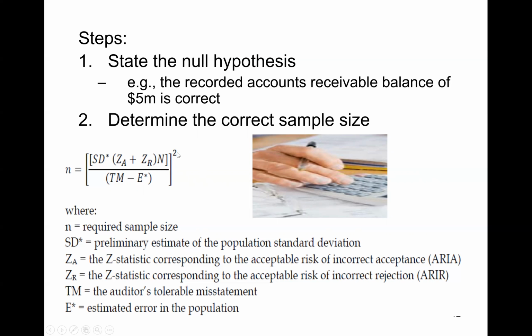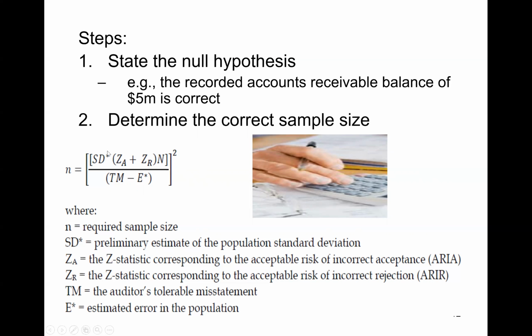And I'm not going to derive this formula for you, right? It involves quite a bit of mathematics, but I'll give you the intuition for what this formula represents. So if you think about, first of all, the standard deviation, the standard deviation captures how much variability there is in the population.